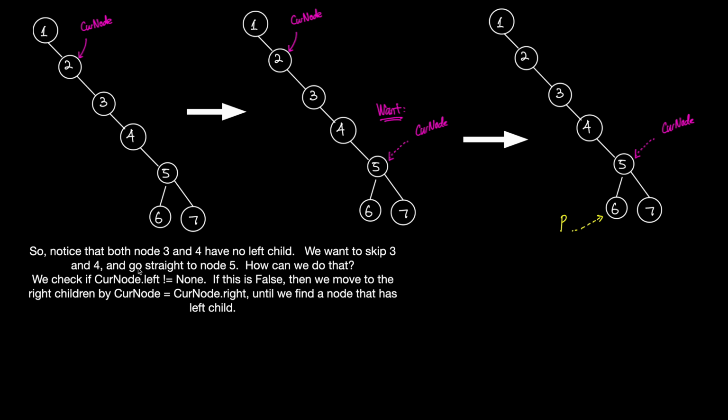So if this is false, then we shift the current node by setting current node equal to current node dot right. Then this guy will move here, and they will go here, and at this point, because current node dot left is not equal to none, current node will point to this guy, and then we do the same thing to find p, and then we move this guy to this guy's right child, and then we move this left subtree to the right subtree, and that's it.